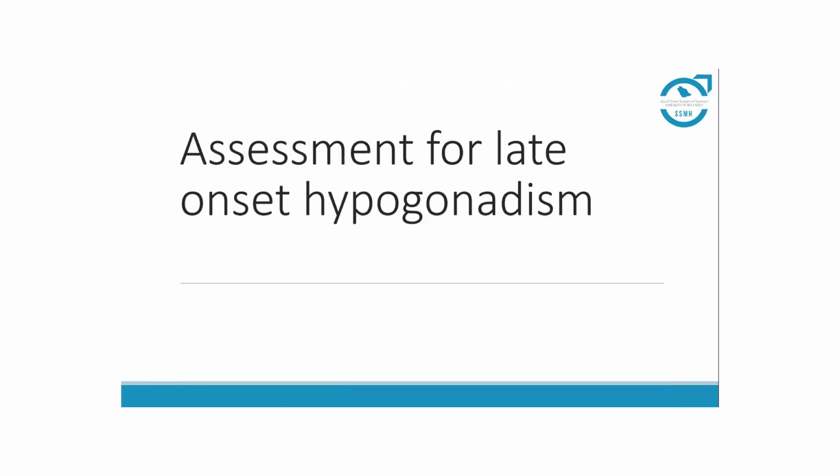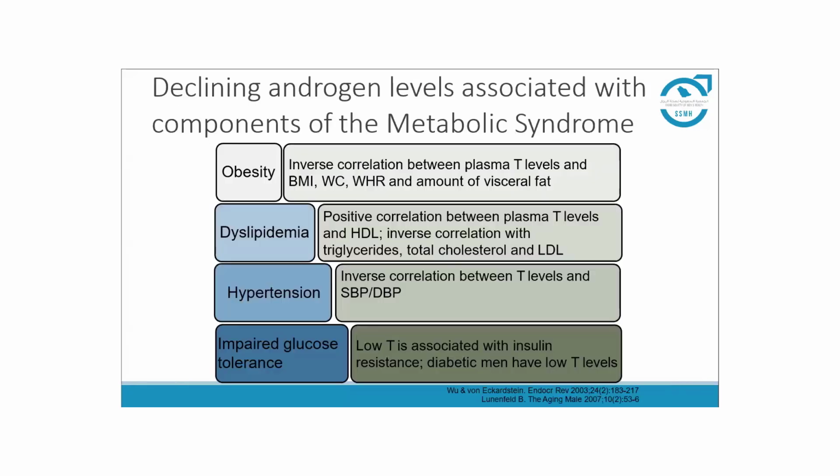So why do we need to assess patients for late onset hypogonadism? It is known that a decline in the androgen level is associated with the components of metabolic syndrome. In obese patients, there is an inverse correlation between plasma testosterone levels and the BMI, waist circumference, waist-hip ratio, and the amount of visceral fat.